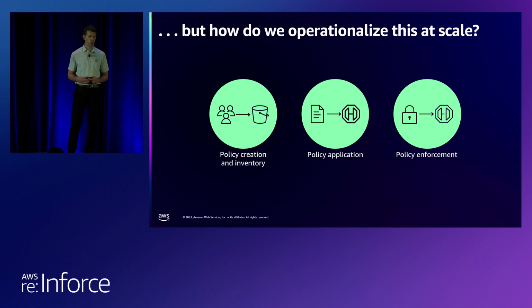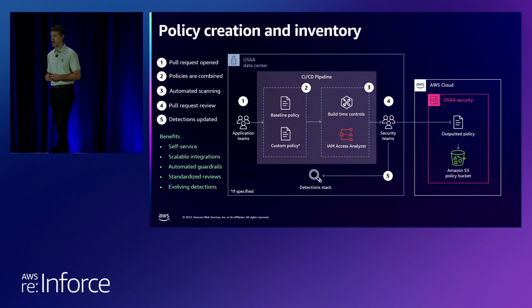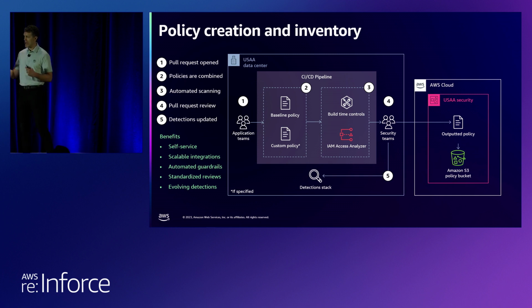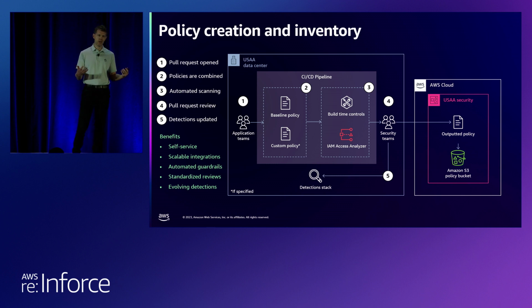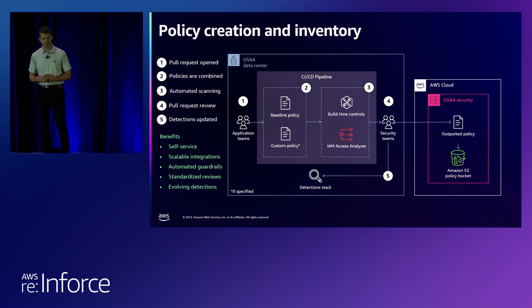And so on that first point, you see a diagram here of how we go from pull request to an outputted policy in AWS. Caleb mentioned self-service. That's an ethos we believe very strongly in at USAA. That is true here. We allow any developer to create a pull request into this repo. We feel that not only enhances agility, it also takes the burden off of security to have to craft each individual policy for each use case.